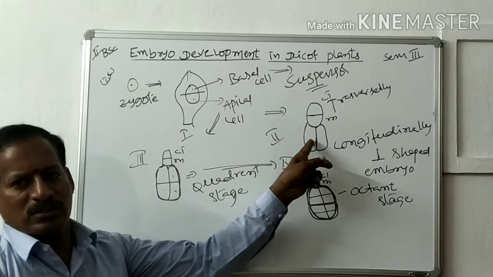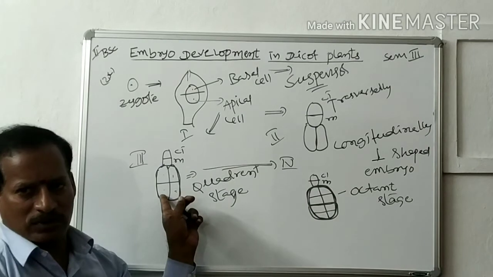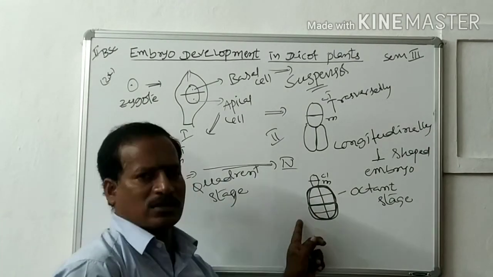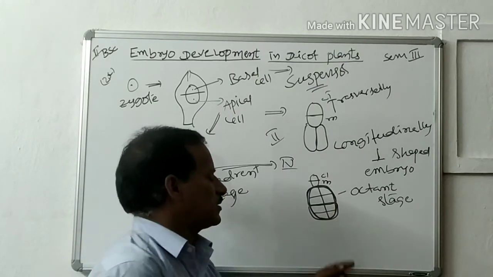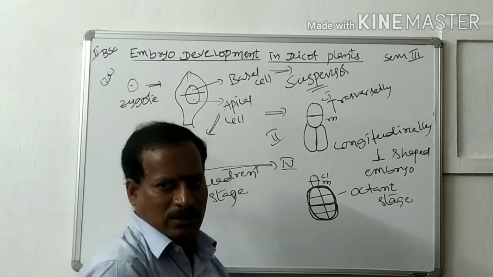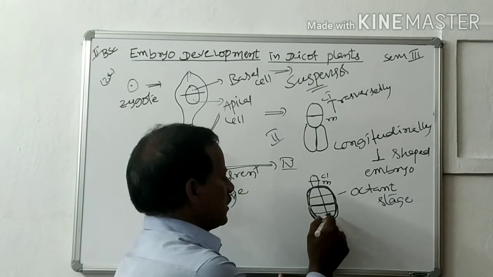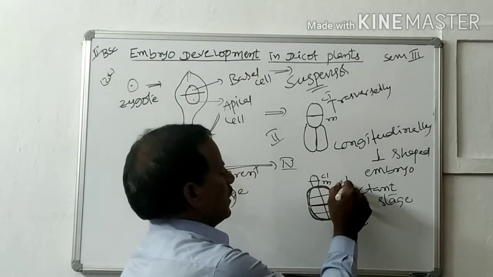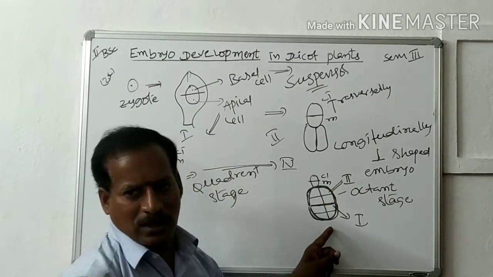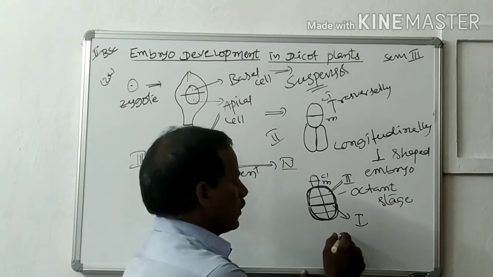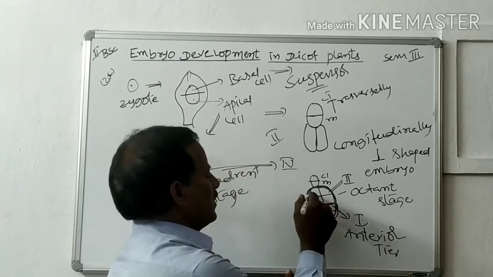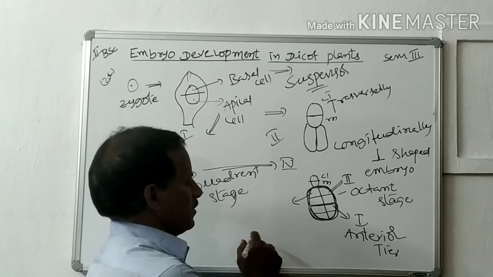Okay, see once again. Two cells divide mitotically and give rise to 4 cells. It is the quadrant stage. These 4 cells divide mitotically and give rise to 8 cells, and this is called the octant stage. In this stage, the cells are in two tiers. This is tier 1 and this is tier 2.